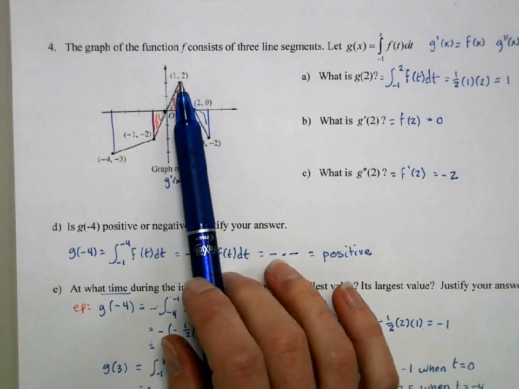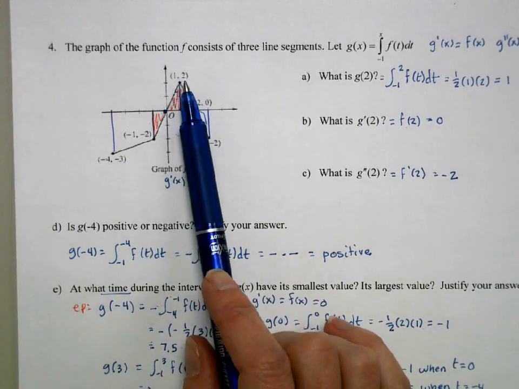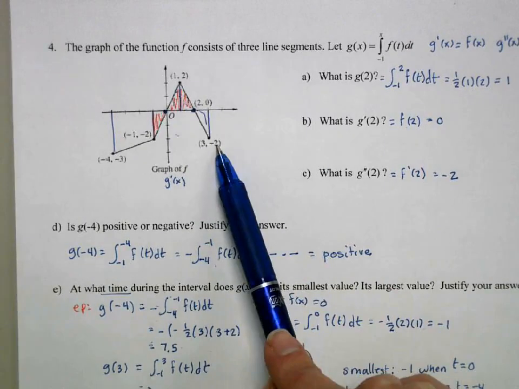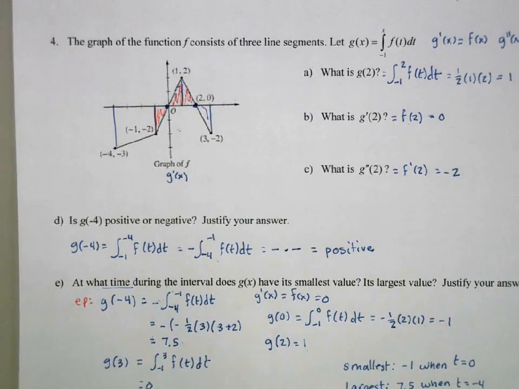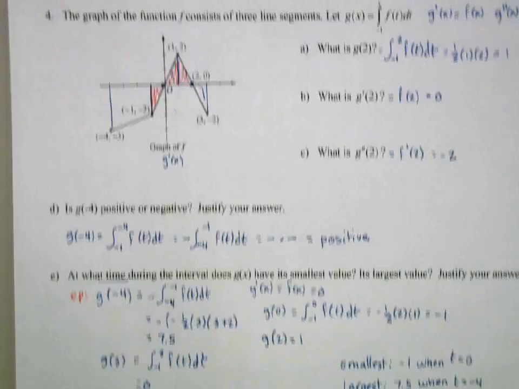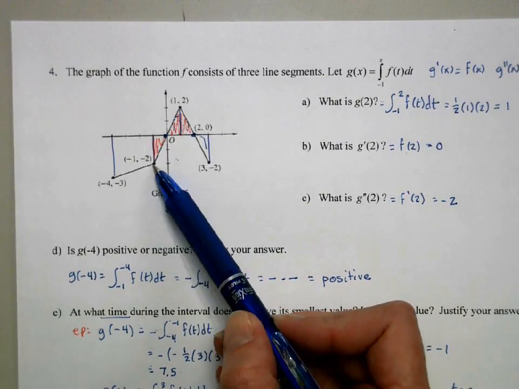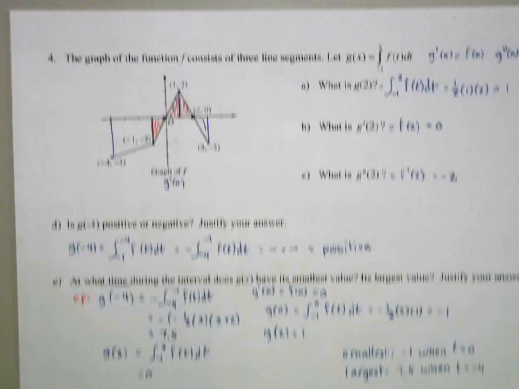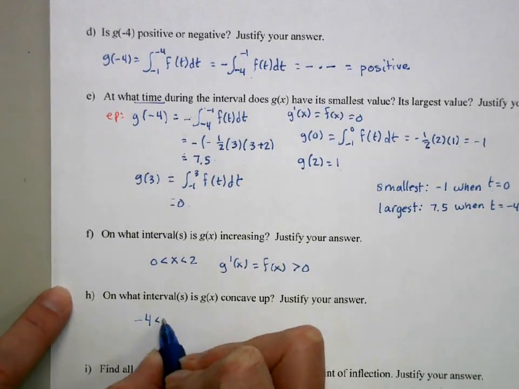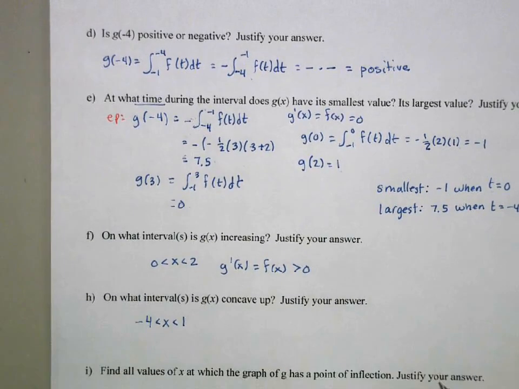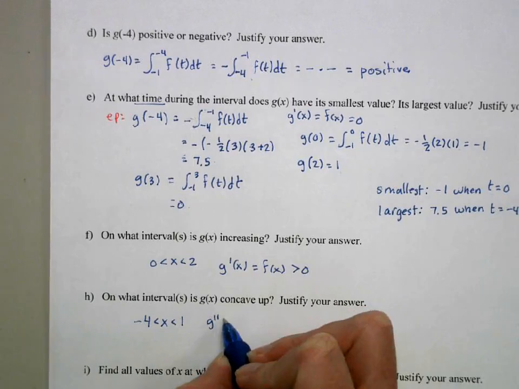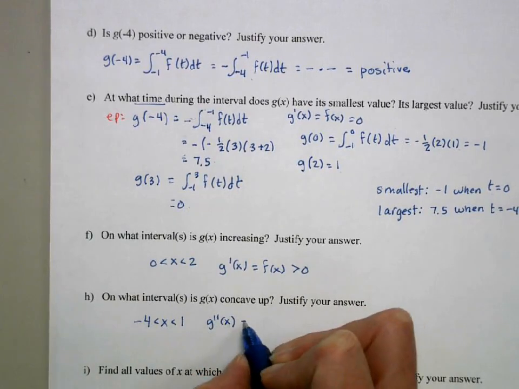So we're looking for concave up, which is going to occur, like I said, when this is increasing, from -4 all the way to 1. Okay, why? Because the second derivative, which equals the first derivative of that, is greater than 0. Or you could say that f prime is increasing.